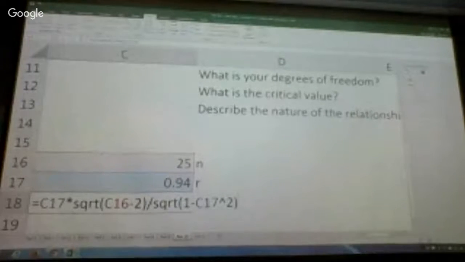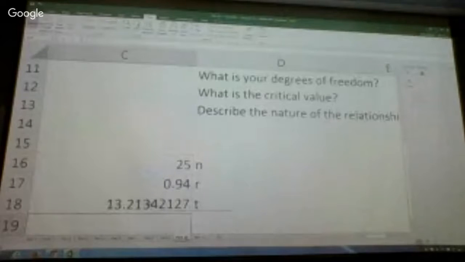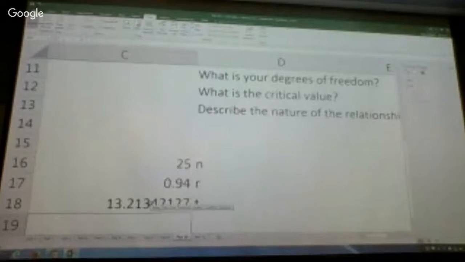If you calculate the test statistic, it's big. 13 is a big test statistic. Remember when we looked at this? There are only 6 numbers on our table which are bigger than 13.